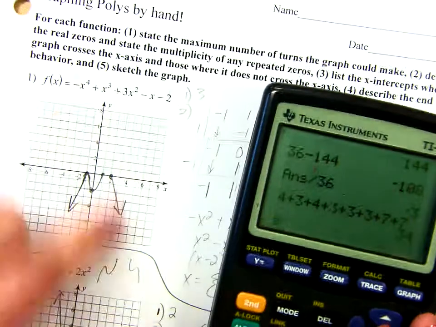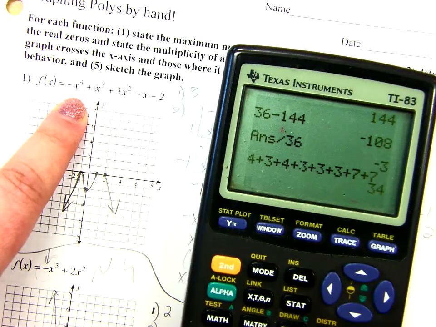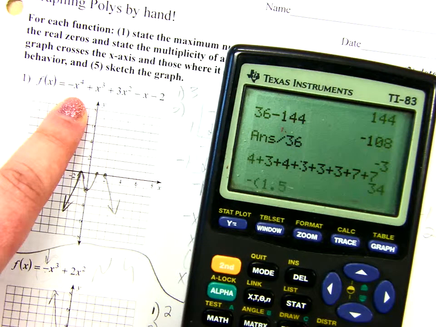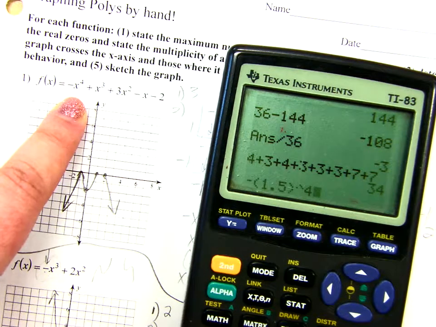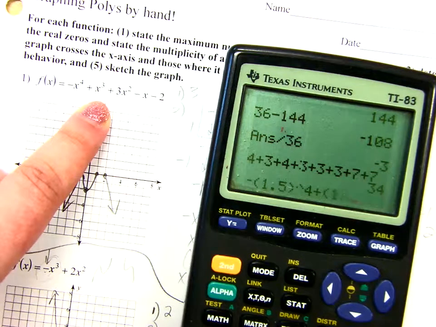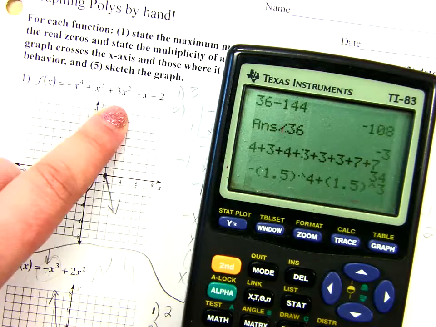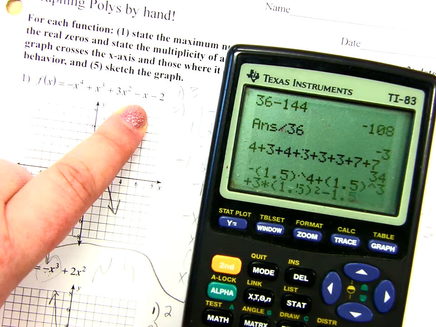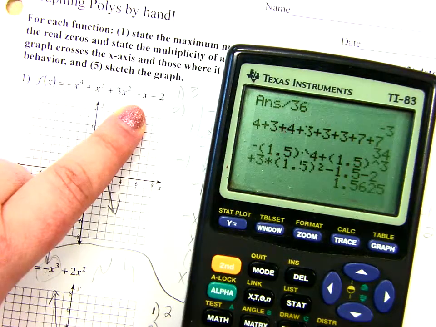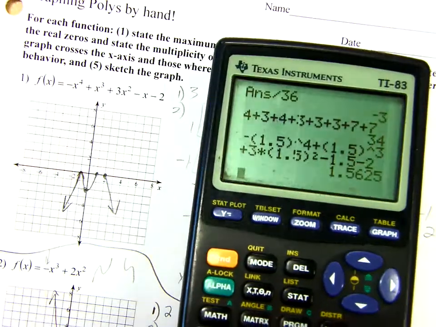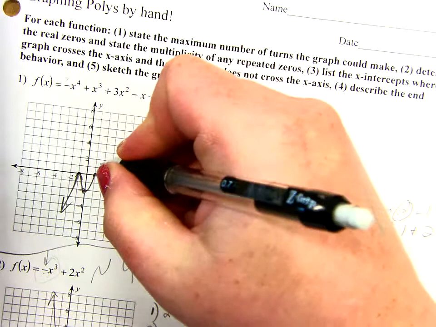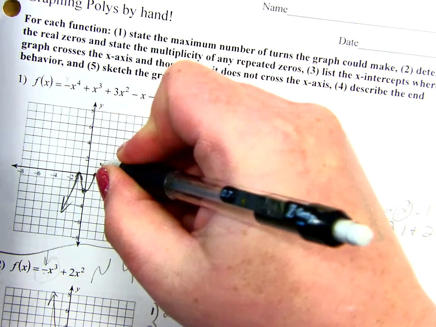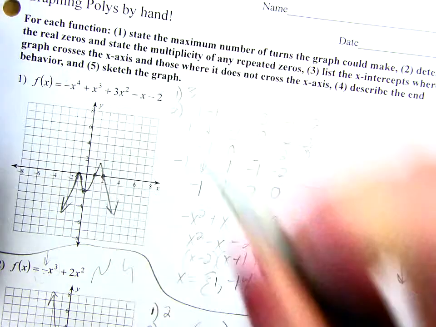So if I just use a calculator and I plug in 1.5, let's see what happens. 1.5 to the 4th plus 1.5 to the 3rd plus 3 times 1.5 squared minus 1.5 minus 2. Spits out a 1.5625. So it goes to about 1.5. So now I know how tall that little hump goes.